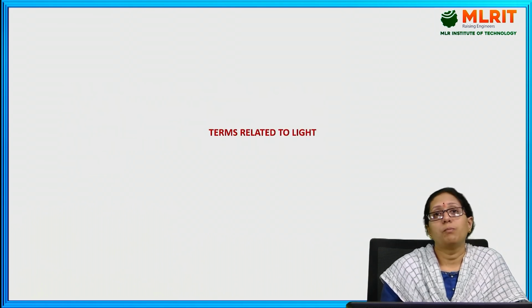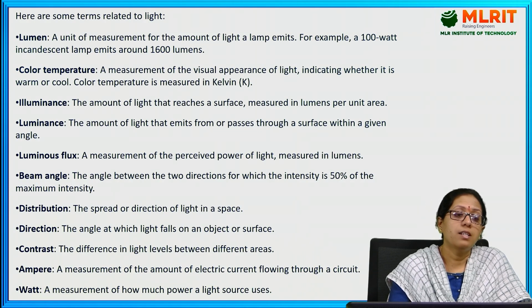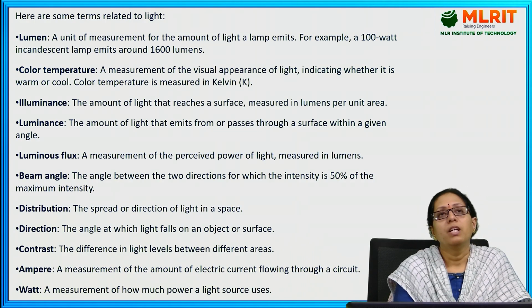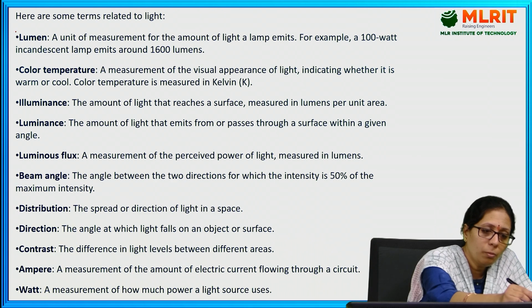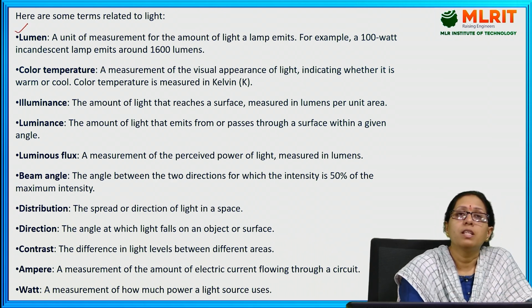What are the terms related to light? Here are some of the terms which are used in the illumination system. The first one is lumen.